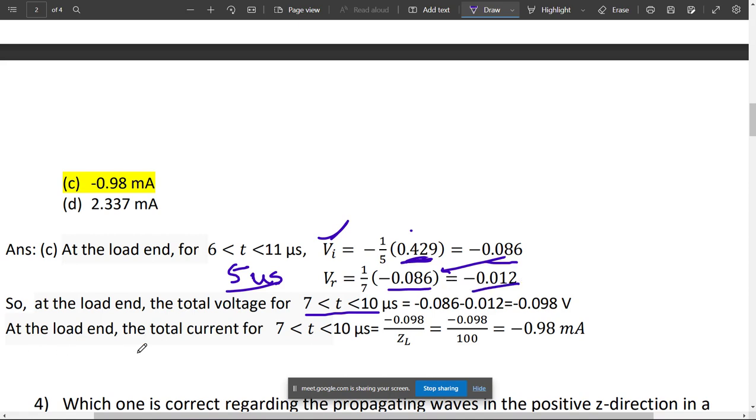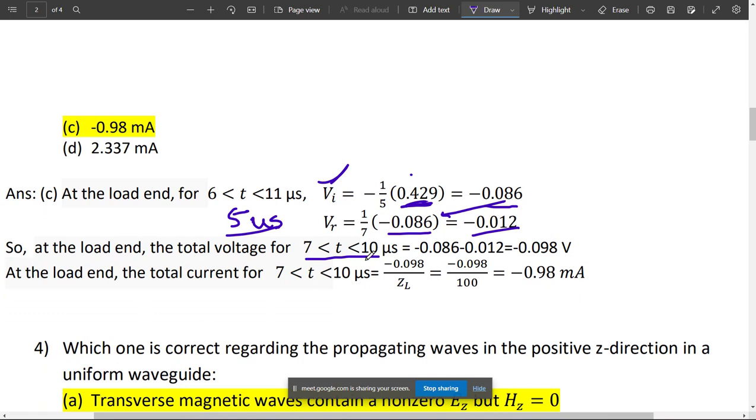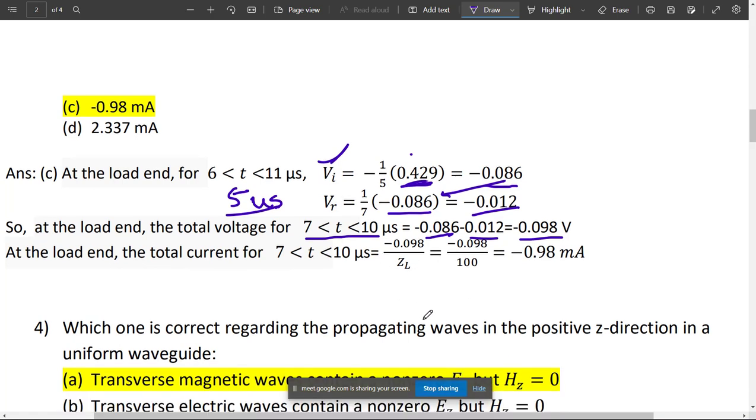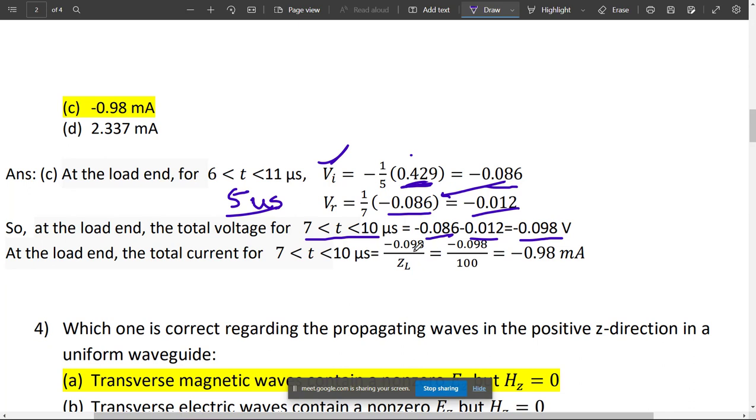So at the load end, the total voltage for 7 to 10 microseconds will be this minus this, that is equals to this. So now the total current will be, yeah, the total current will be this voltage divided by the load impedance, which is equals to 0.98 volts.